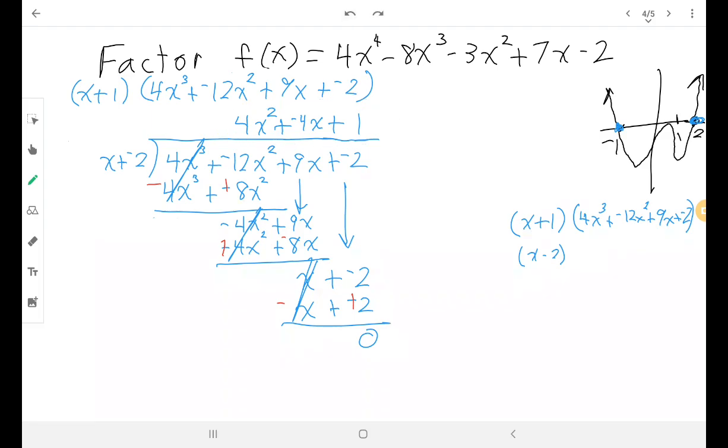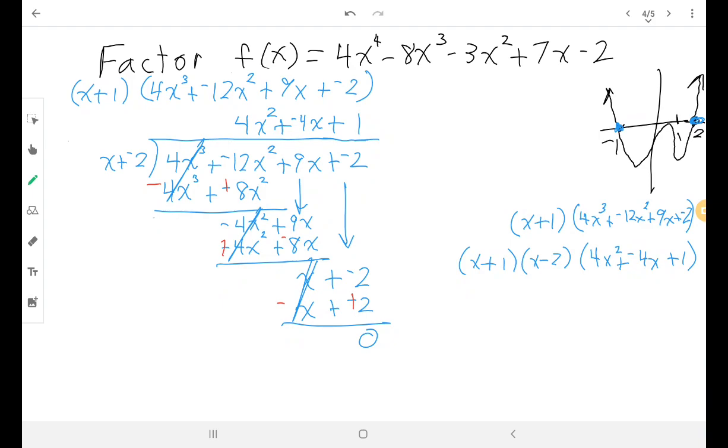So now, here's what we know now. Now we know that we've broken it down even more, and I'll write it here. Now we know that x plus 1 times x minus 2 times that answer, 4x squared plus negative 4x plus 1, is how this breaks down one step further.